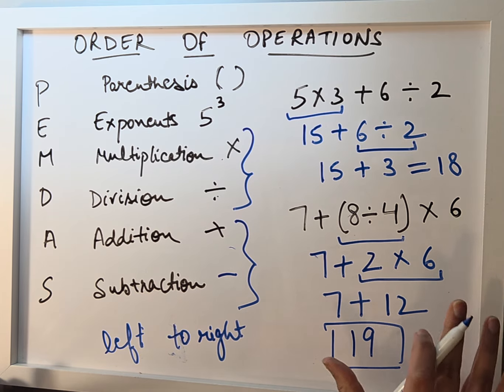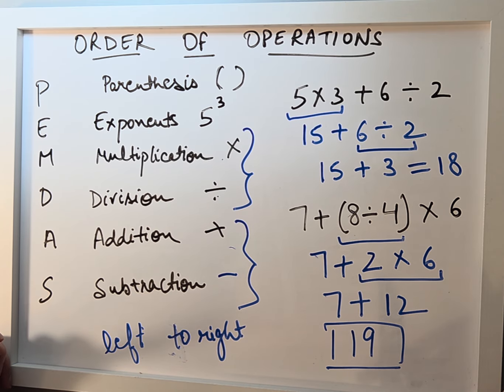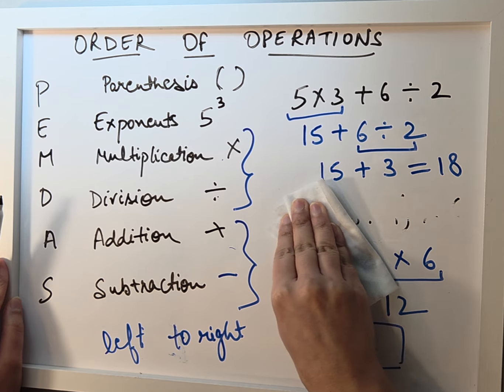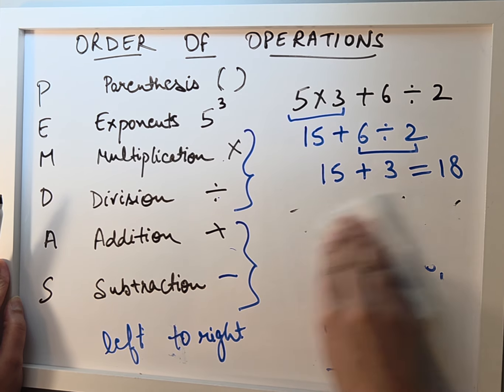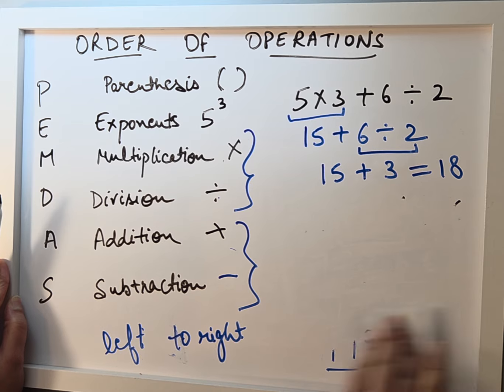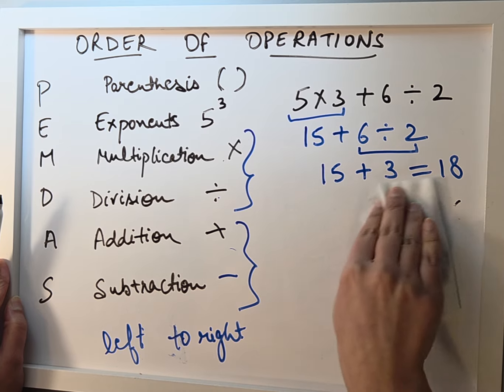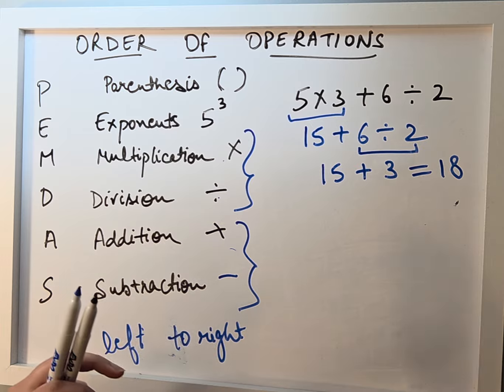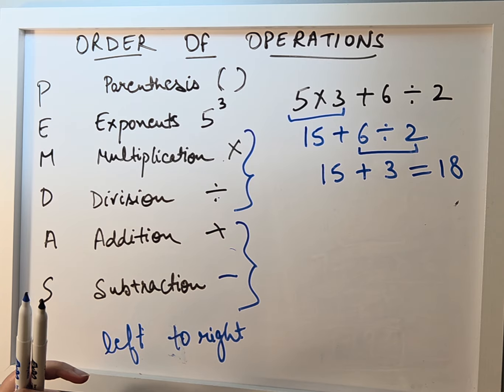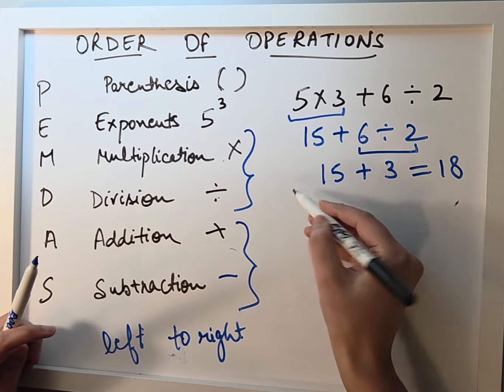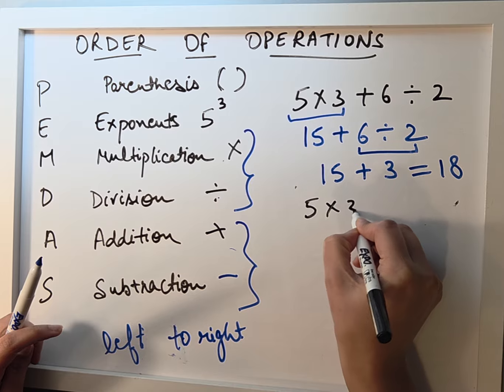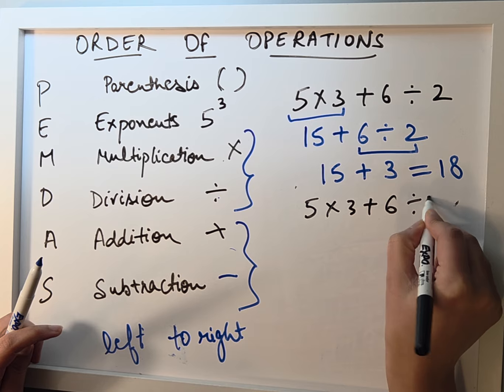If we had not followed the order, let me show you that as well. In the first example, we have 5 times 3 plus 6 divided by 2.